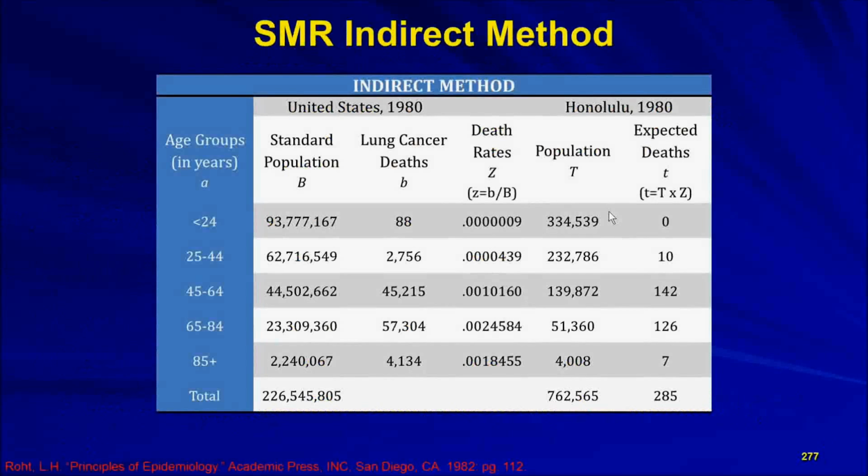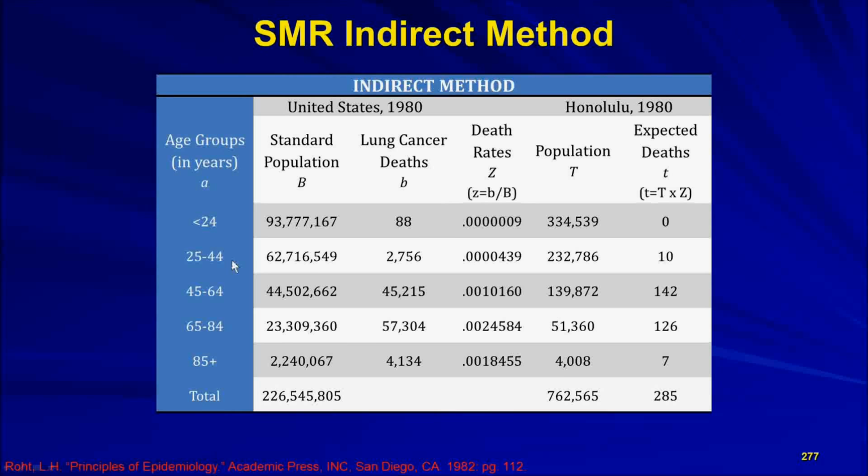Now here we go. Notice, when we're looking at the indirect method, the United States is on the left. Previously it was on the right. And we have it all divided by age group. You can see that we've got the same age groups and we didn't change them. Now, this is a heuristic example.